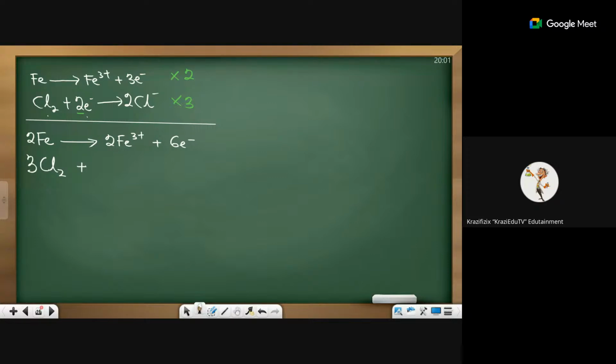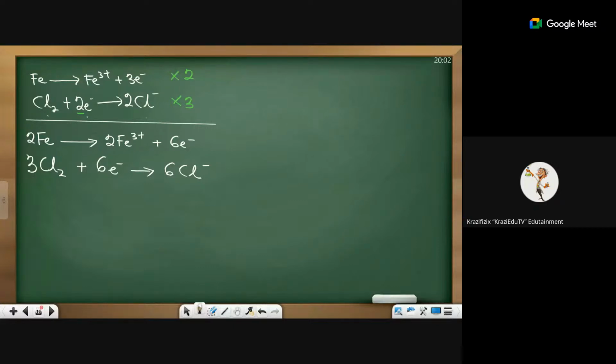Multiply this by 3, this by 3, this by 3. 3Cl2 for now, plus 6 electrons to give us 6Cl minus.